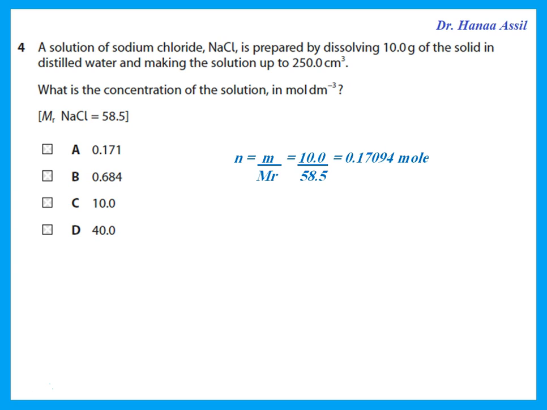So the number of moles is mass over molecular mass. That is 10 over the Mr. He already gives me the Mr. Please pay attention so that you don't waste time calculating the Mr. That gives me the number of moles. Now I can get concentration from that. You should know that concentration is number of moles over volume, and that gives me the concentration.